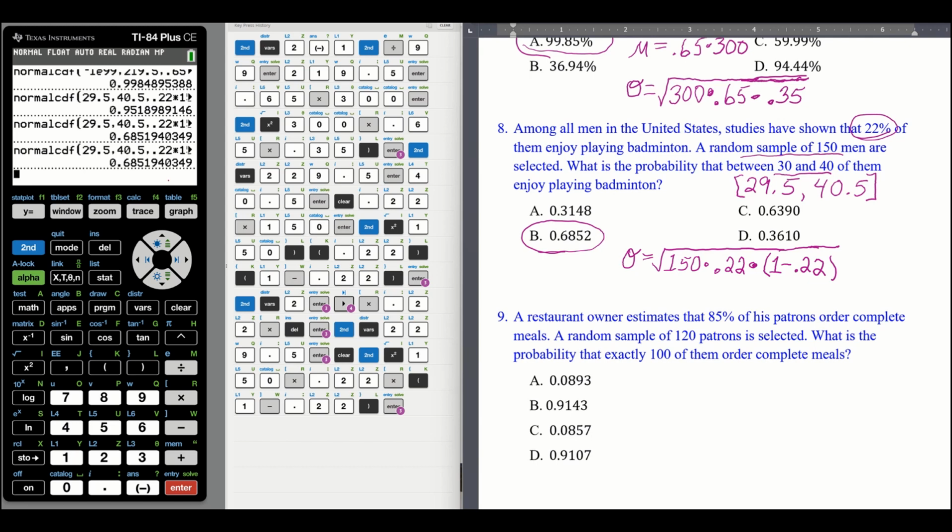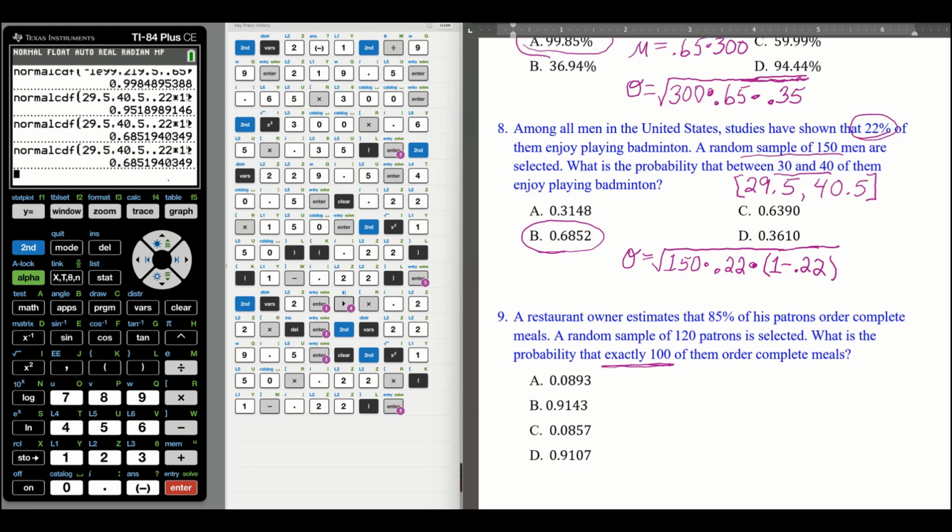Okay, this is discrete because it's individual people ordering individual meals. And these words, exact, clue me in. Remember, this is not a binom PDF. It is different, okay? We are using our norm or normal distribution. So we have to stick within those parameters.